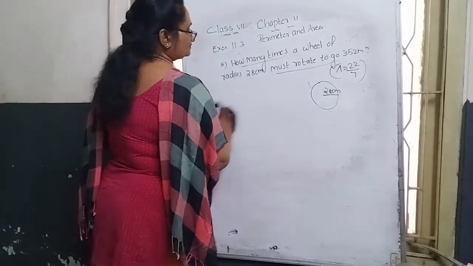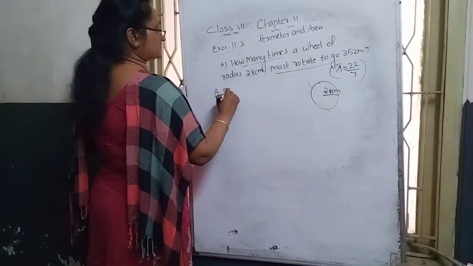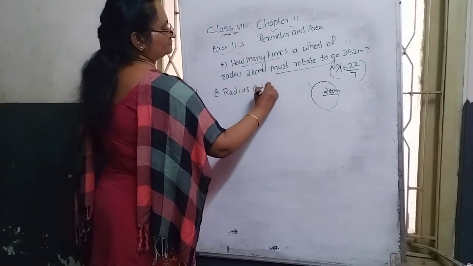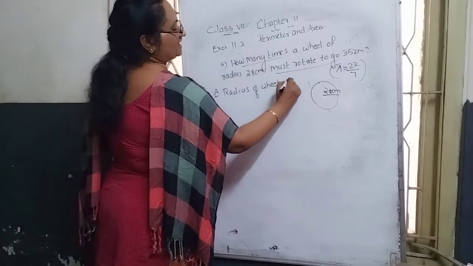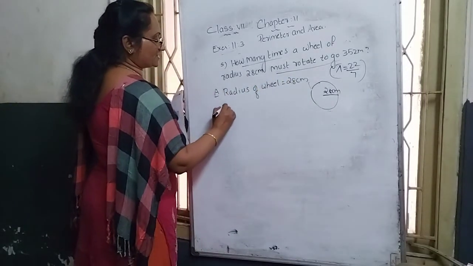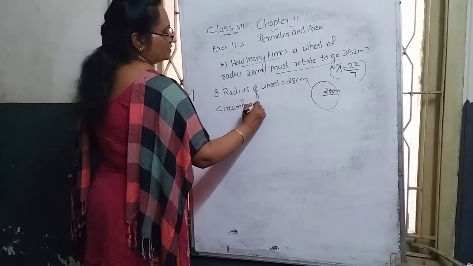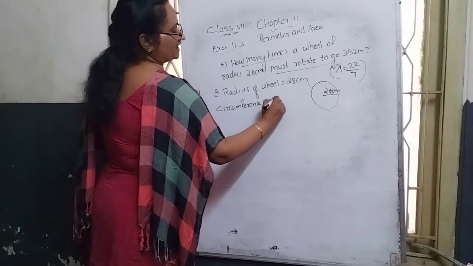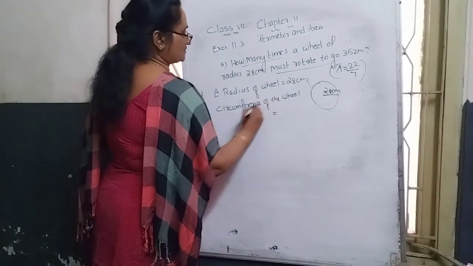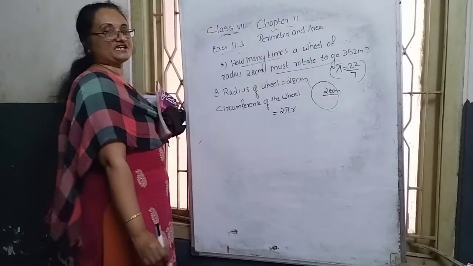So what is the first step? The radius of the wheel is given: 28 centimeter. Next, find the circumference of the wheel. The wheel is a circle, so the circumference is 2 pi r.